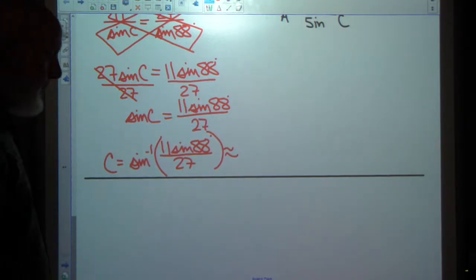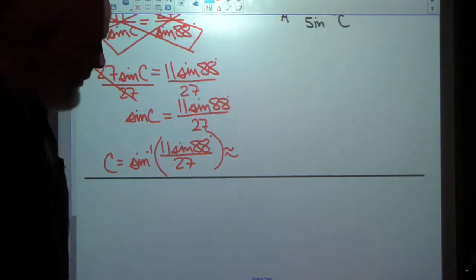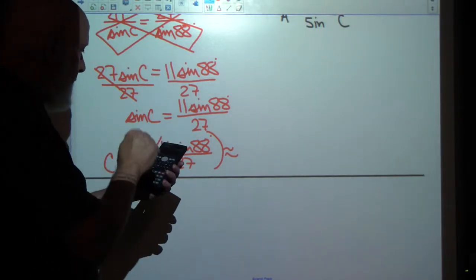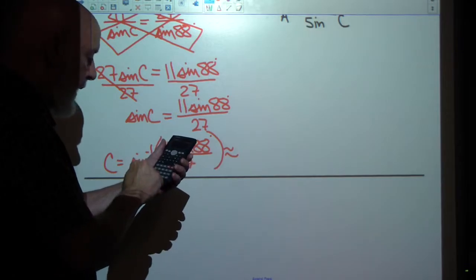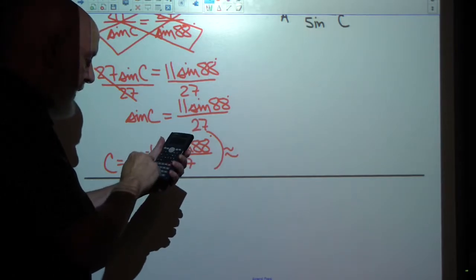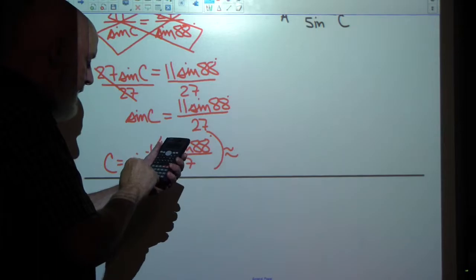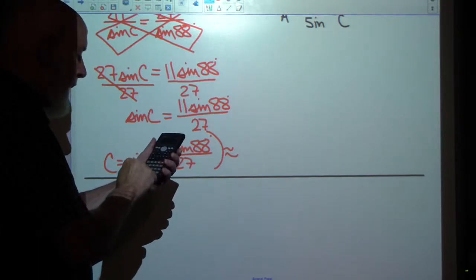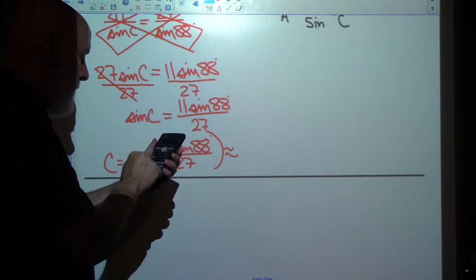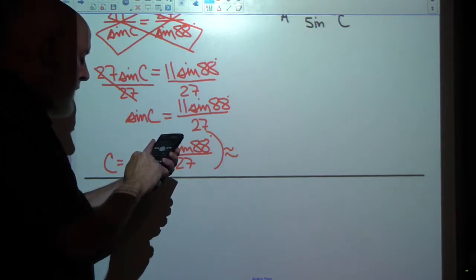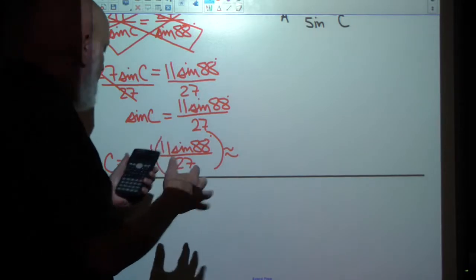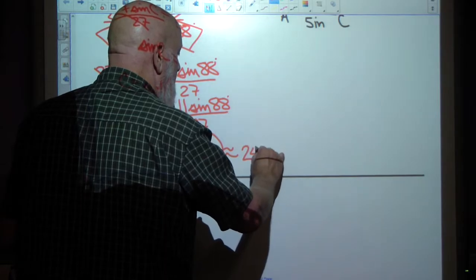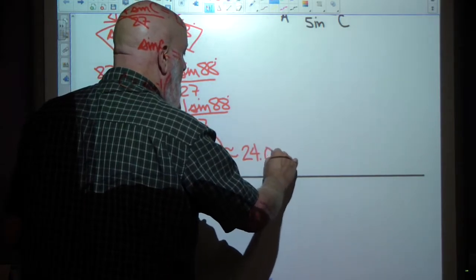And let's see what we get. I'll try not to make any mistakes plugging it in. It's easy to make a mistake when you've got big fingers and little bitty buttons. Here we go, 11 sine 88 divided by 27 equals, shift, inverse sine, equals, I got 24.0. Is that correct? I don't know. And that would be degrees.